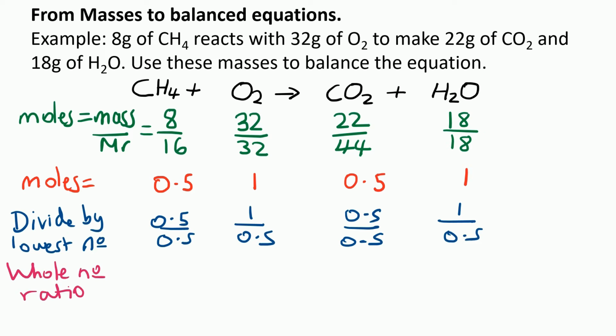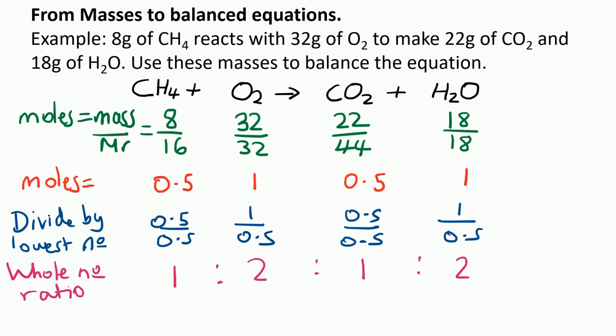So that works out at 1 to 2 to 1 to 2. What this is really telling us is 1 mole of CH4 reacts with 2 moles of O2 to make 1 mole of CO2 and 2 moles of H2O. And we can then use that as our balancing numbers.